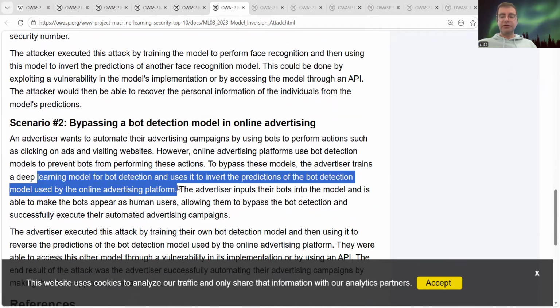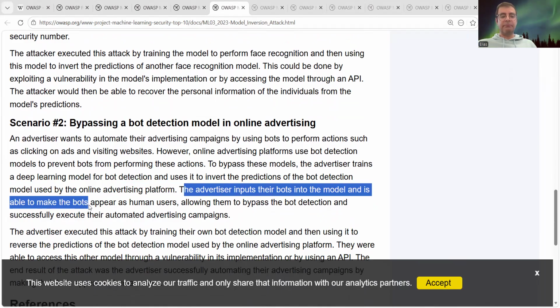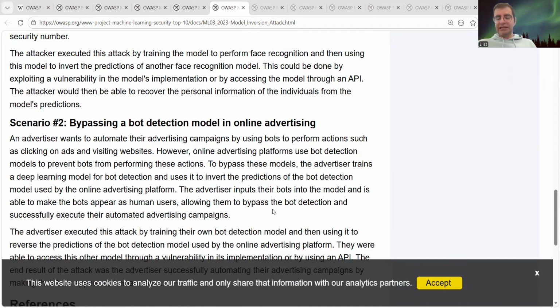So they learn the behavior of that, and they learn that wherever the advertiser inputs their bots into the model, they are able to make bots appear as human, allowing them to bypass the bot detection. So they can learn it, and whenever you have a bot detection, because of course in advertisement you don't want a bot to click on the links, but if they do that, then they can manipulate it so you think that's coming from a human, not from a bot.